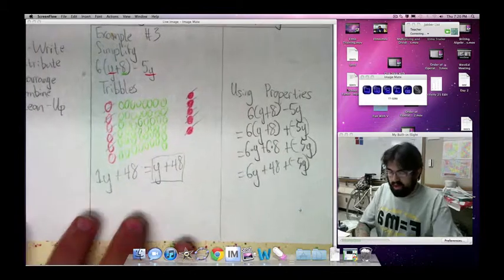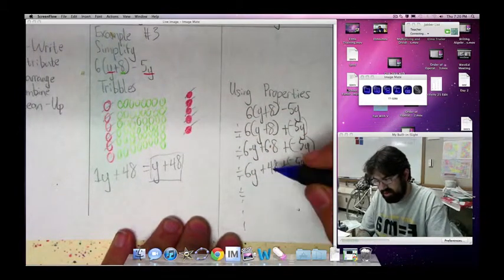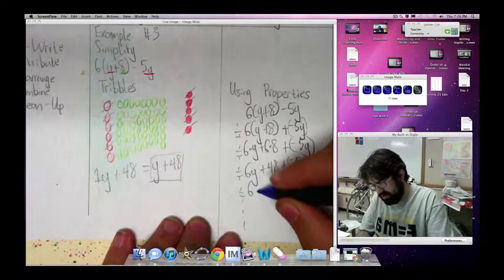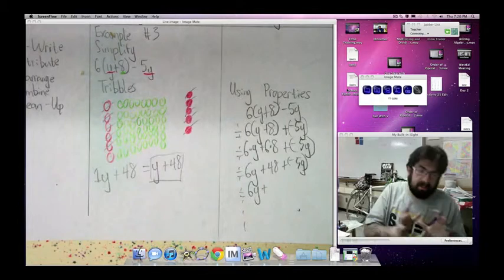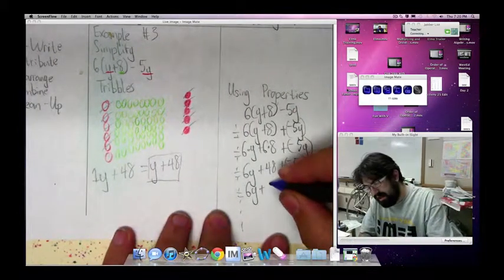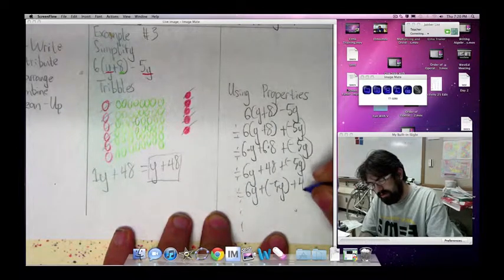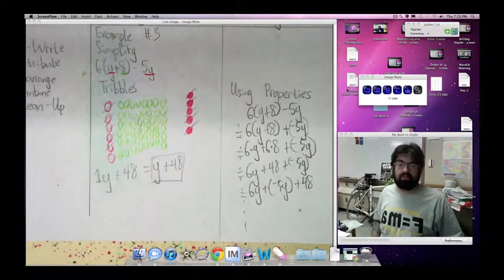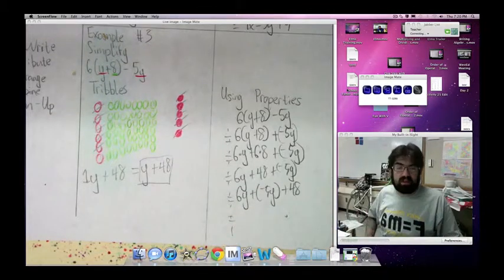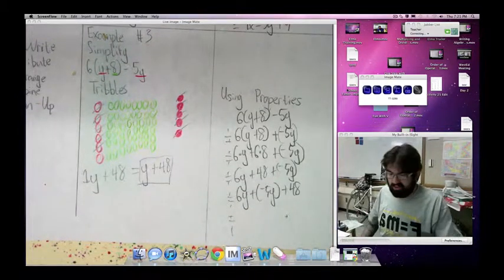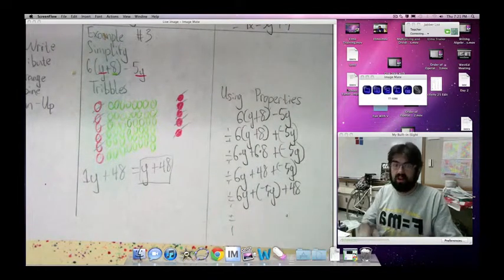Next, I'm going to rearrange. Oh, balance line. I'm going to rearrange 6y plus negative 5y, variables in the front, constant in the back, plus 48. And I'm not going to get too crazy. 6 plus negative 5 is 1.